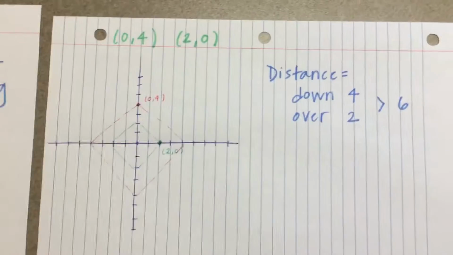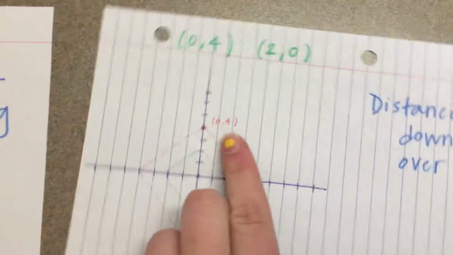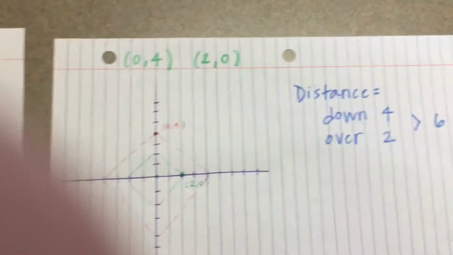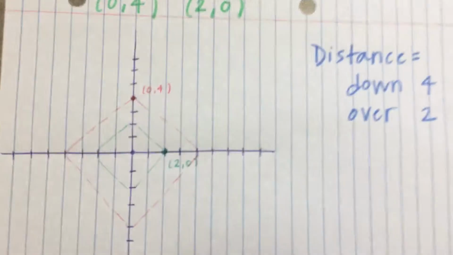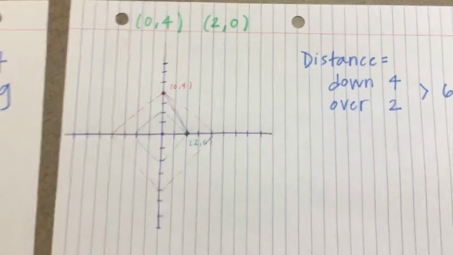For the example, we are going to use the points 0, 4, and 2, 0. I placed them on the graph right here, as you can see. Now we're going to find the distance between these two, so I'm going to connect them and try to find the distance of this line.